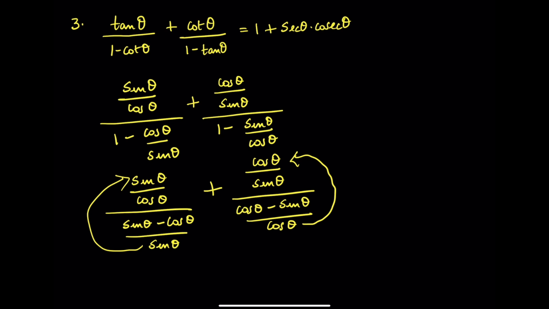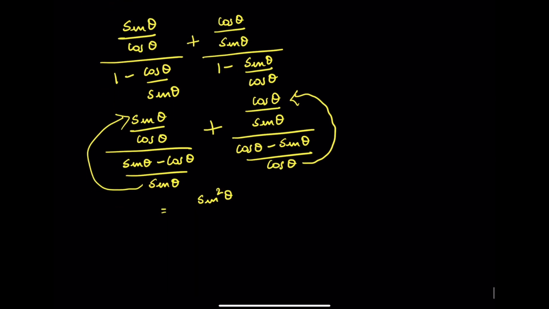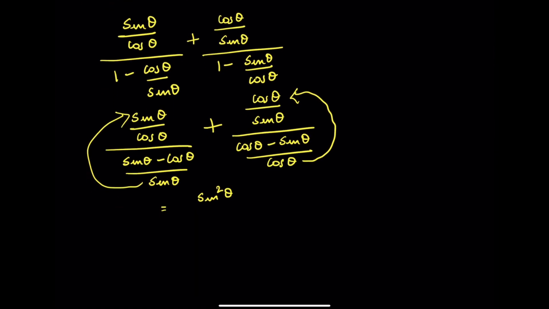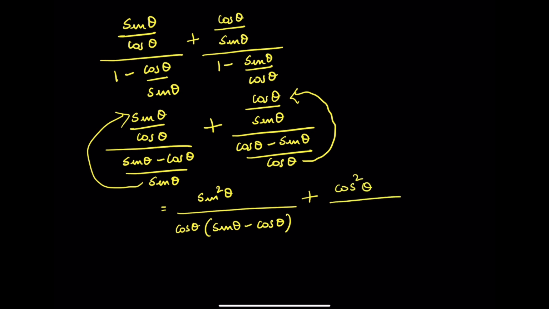So if we rearrange this, we would get sine square theta divided by cos theta of the denominator times sine theta minus cos theta, plus cos square theta divided by the sine theta here as a common times cos theta minus sine theta.